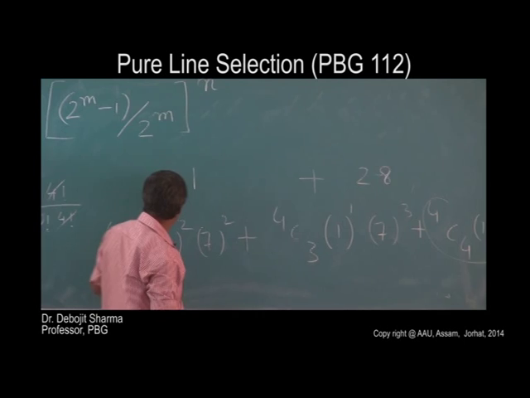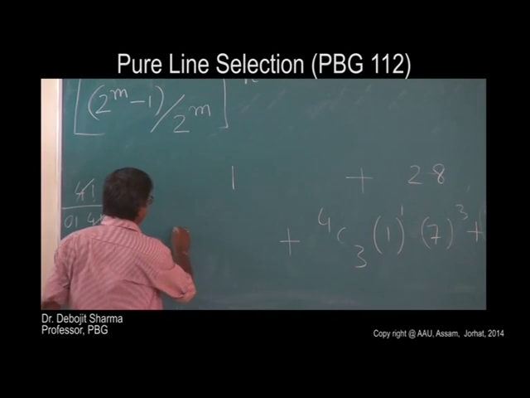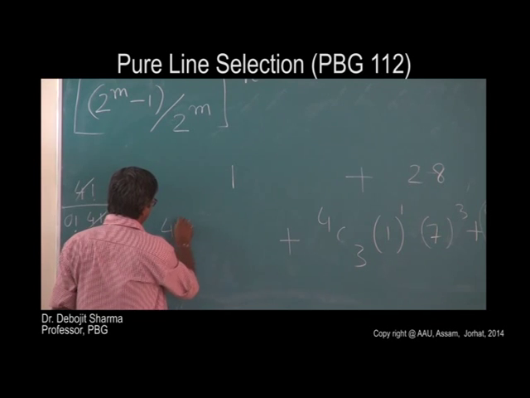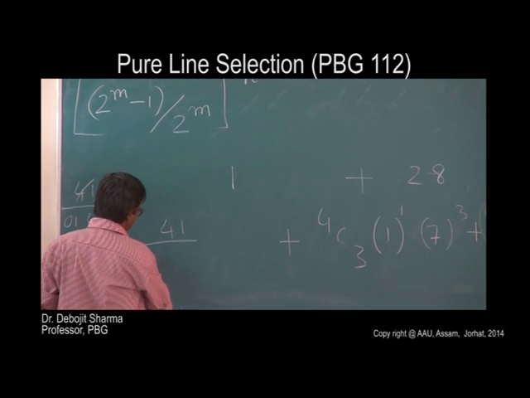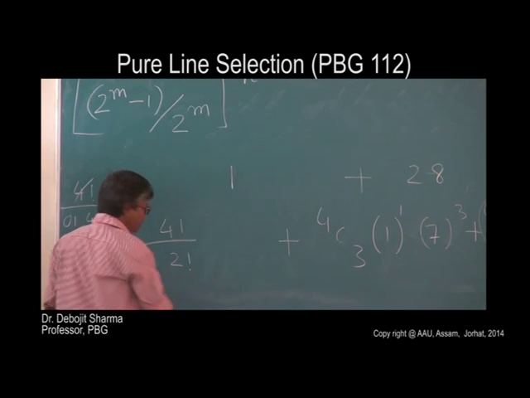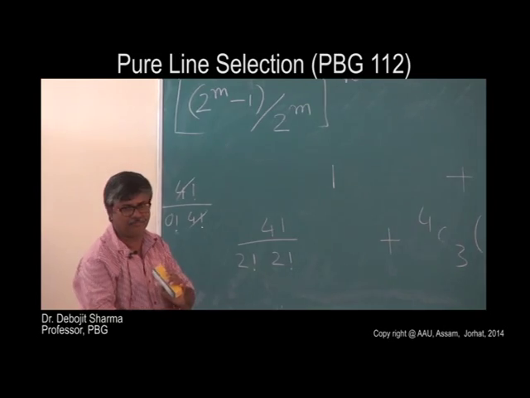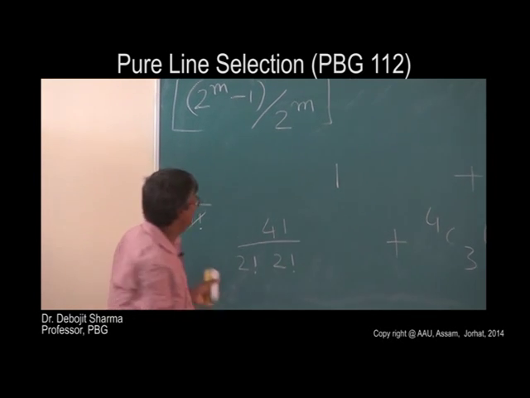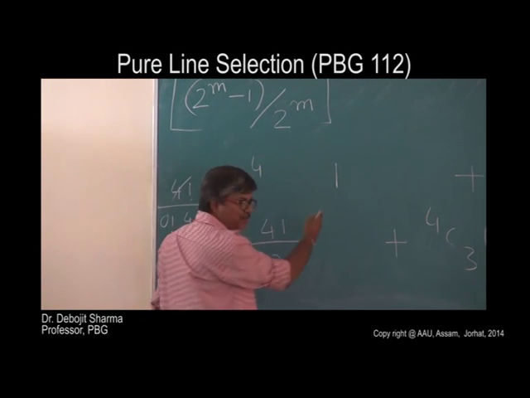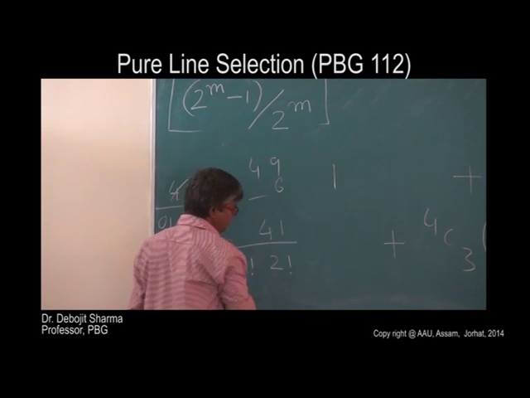If you solve the third term, it will be factorial 4 divided by factorial 2, factorial 2, isn't it? How much will it be? And 49, this will be 7 to the power 2, isn't it? 49 multiplied by 6, how much will it be?